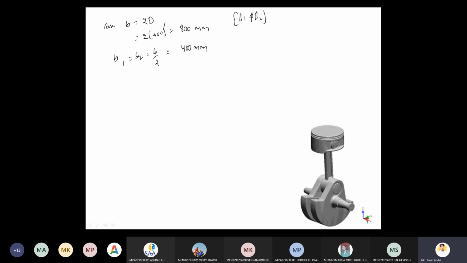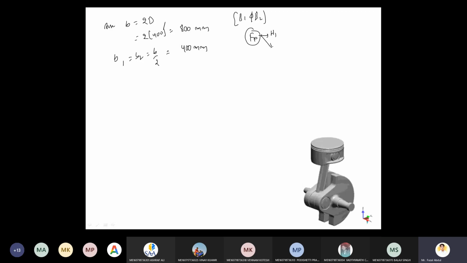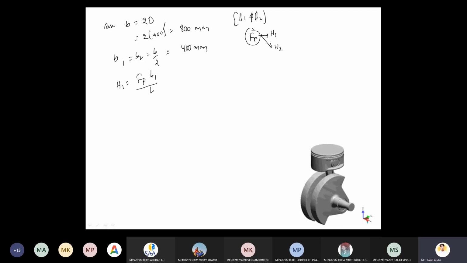Because of this gas force Fp, there will be two horizontal reactions that are H1 and H2. This one we already discussed. So what are those H1, H2? I'm writing here. H1 equals Fp into b1 by b.